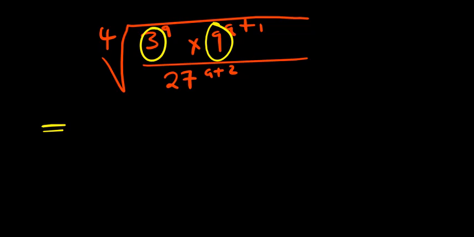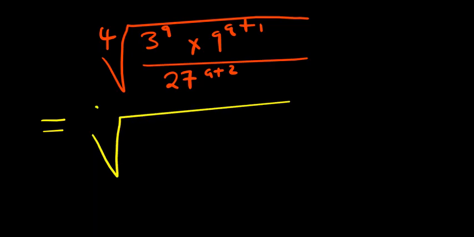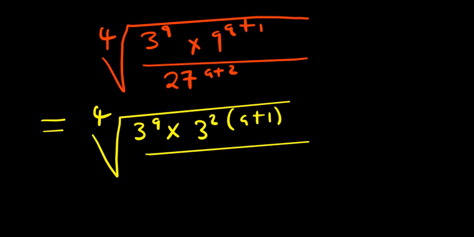Unless you want to change the bases, so it's going to be the fourth root of 3 to the power a multiplied by 9. 9 can also be written as 3 to the power 2, right? This is going to be raised to a plus 1, over 27 to the power a plus 2.